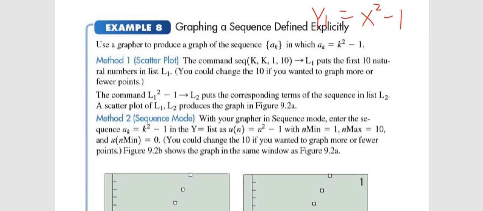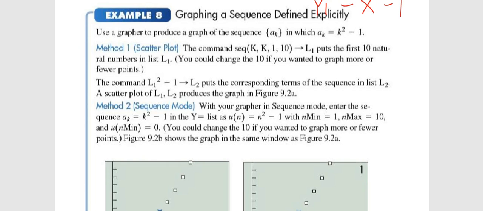There's never going to be a 0th term or a negative first term. It's always going to be a domain of what we call the natural numbers. 1, 2, 3, 4, 5, 6. That's why there is an actual calculator mode called sequence mode that you can flip your calculator over to if you really want to do that.